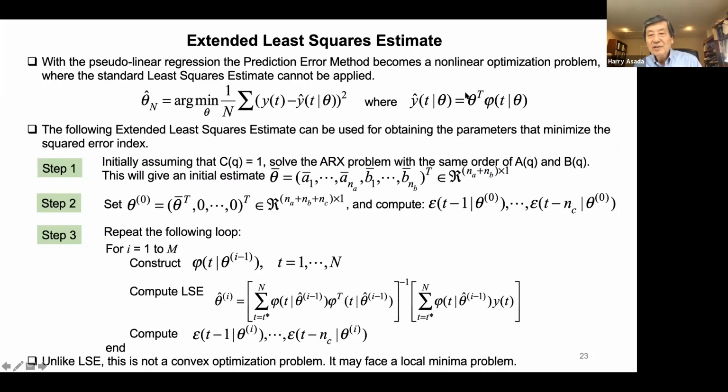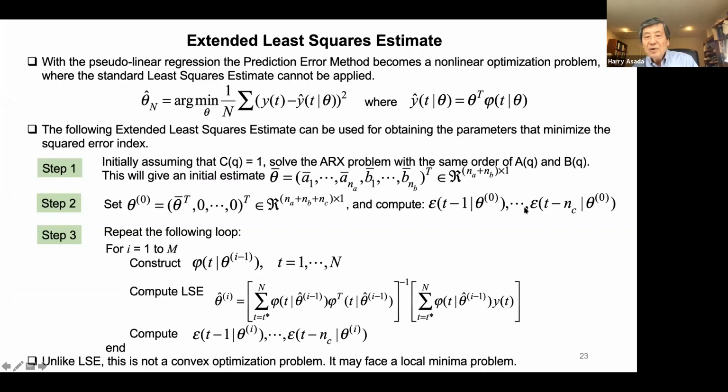Y hat is constructed with the current value of theta 0, which we plug in here, and then y hat is compared to y t. That's epsilon, and for times t minus 1 to t minus nc we construct this.